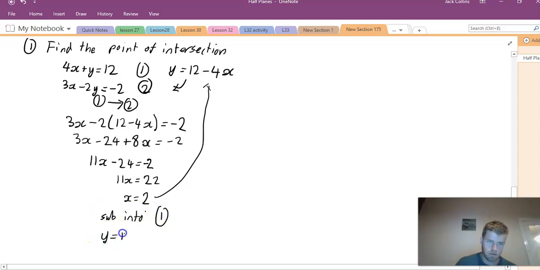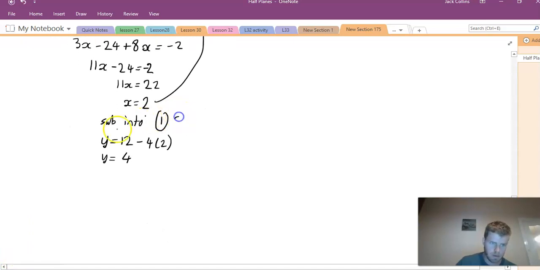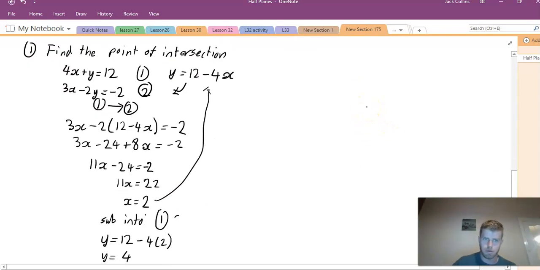So y would be equal to 12 minus 4 times 2. y would be equal to 12 minus 8, which is 4. So they intersect at (2, 4).